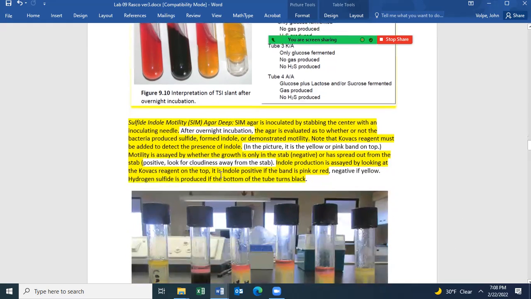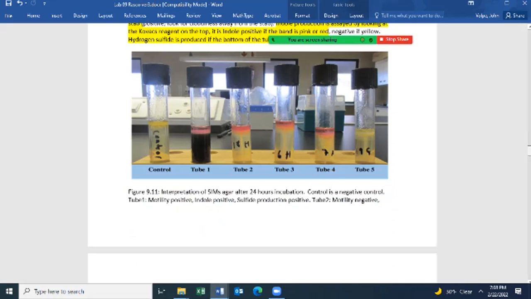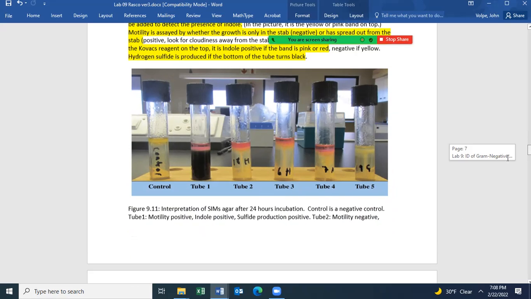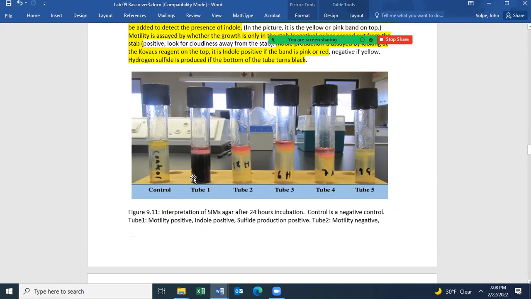In the SIMS test, the sulfide indole motility test, you're stab inoculating the tube with a needle. And then you're looking at hydrogen sulfide being produced, in which case the lower portion of the tube will turn black because hydrogen sulfide is produced only in anaerobic conditions.